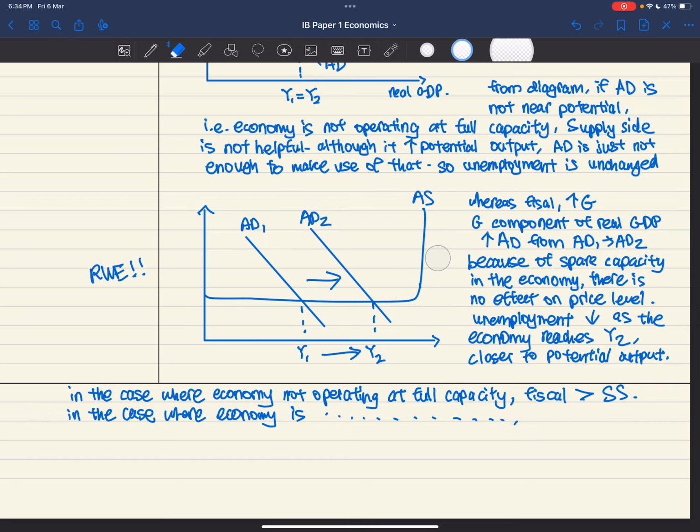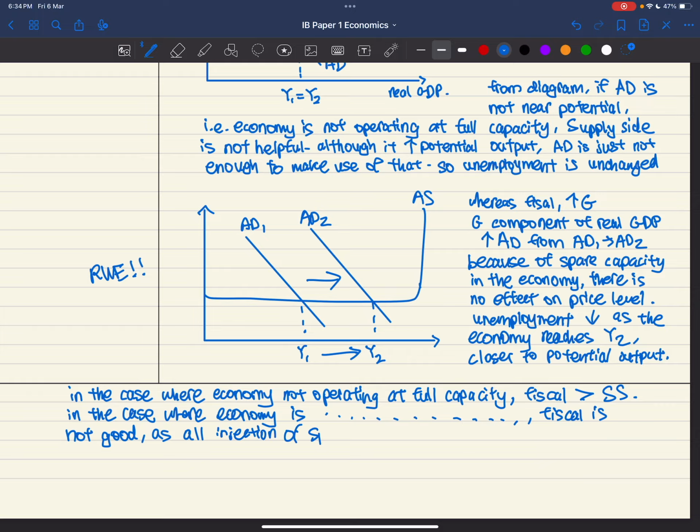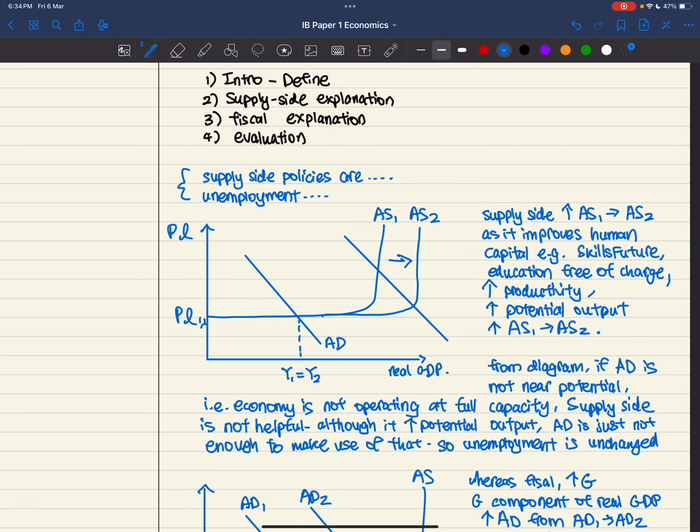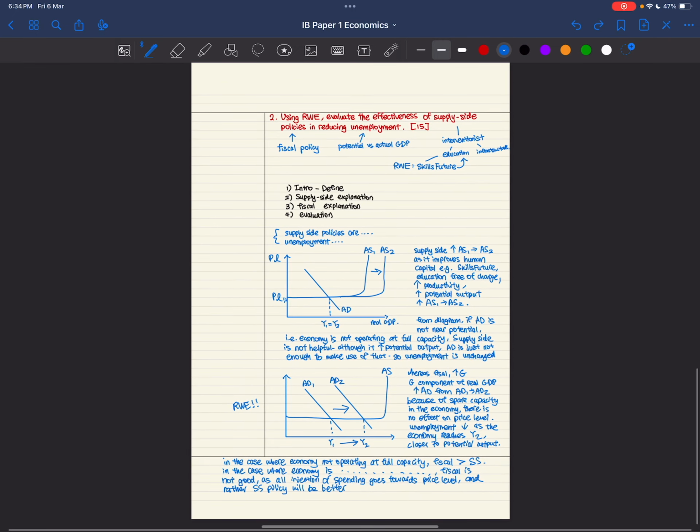Fiscal is not good, as all injection of spending goes towards the price level. And rather, supply side policy will be better because it increases the capacity. So imagine your AD is here. And that's the 15 marker, honestly.